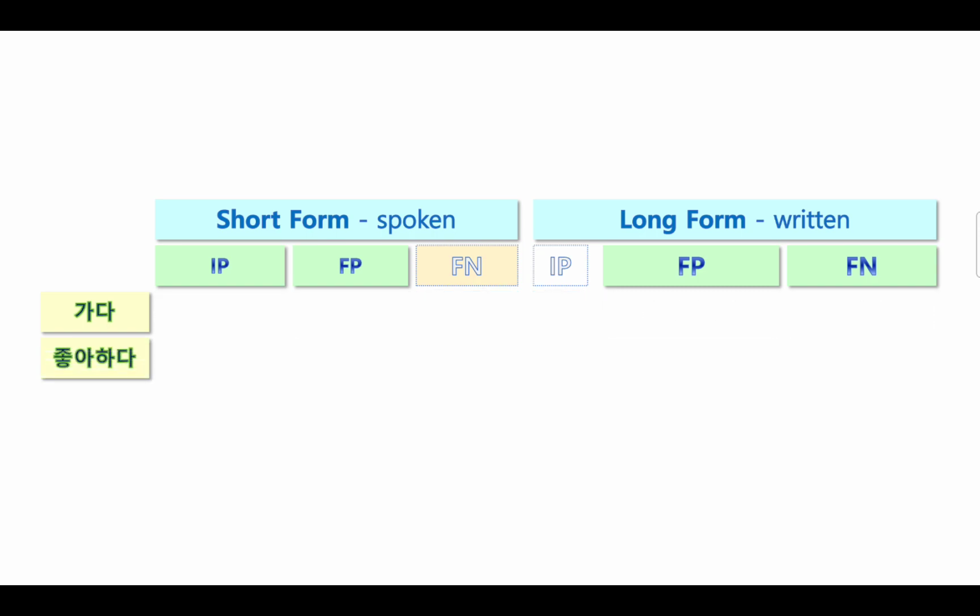좋아하다. Like, so this 좋아하다 is not future tense, right? This is assumption. Okay. So informal polite, 좋아할 거예요. Will like. And formal polite, 좋아할 겁니다. And formal non-polite, 좋아할 거다.